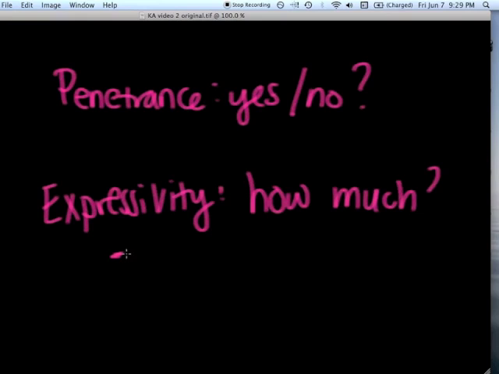In this case, we can only define expressivity if we know there to be 100% penetrance. If we know that, we know they must get the phenotype with a particular allele, but the question is how much will that allele actually be expressed? So penetrance is yes or no, expressivity is how much.